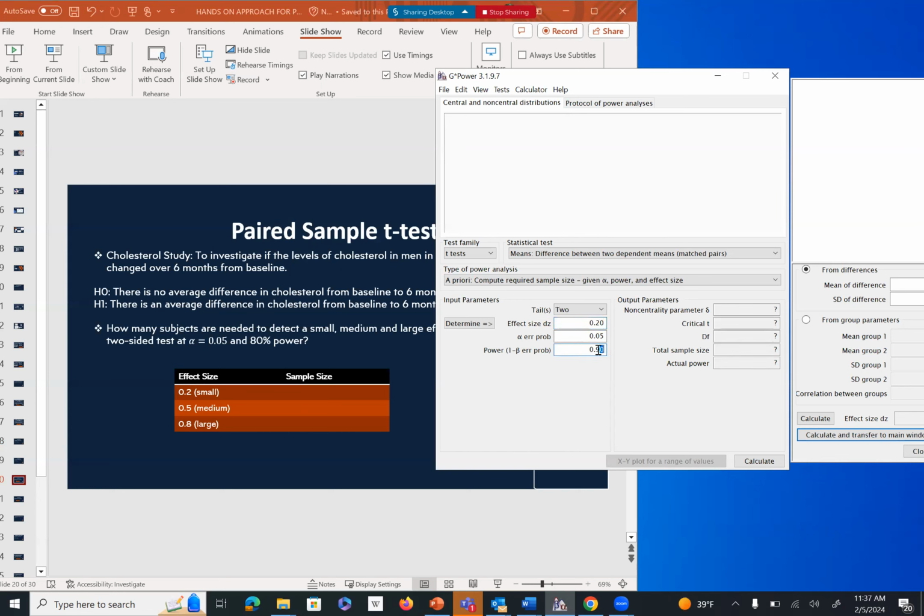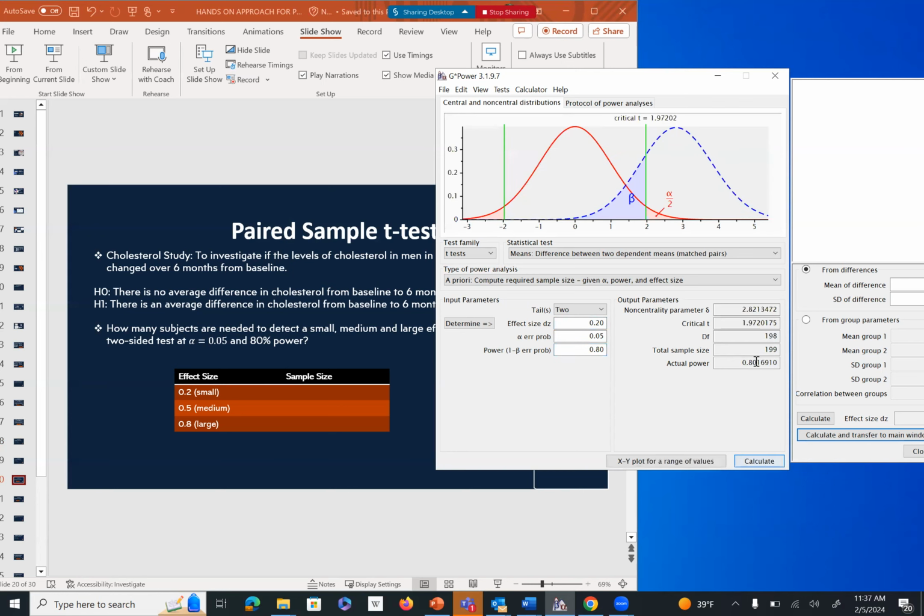And then here I'll change this to 80% power. Our sample size is 199. So we need about 200 participants in our study to observe a small effect size.